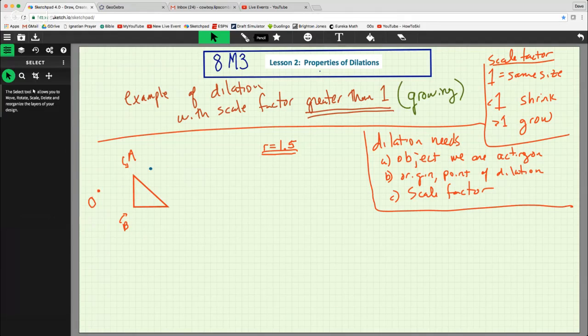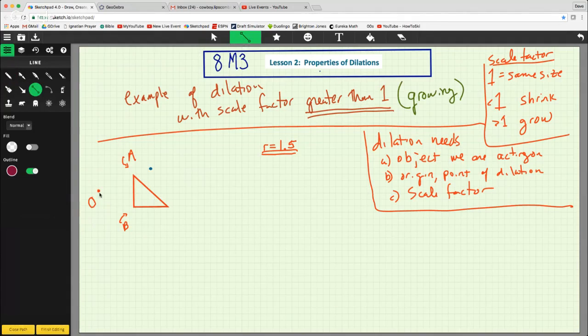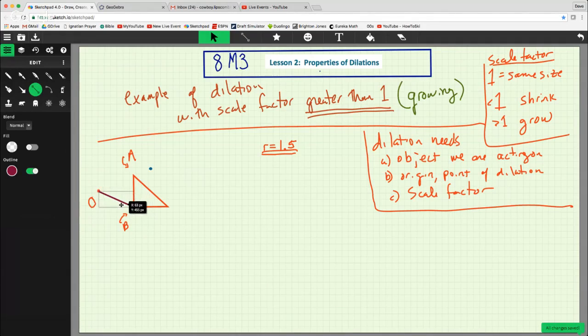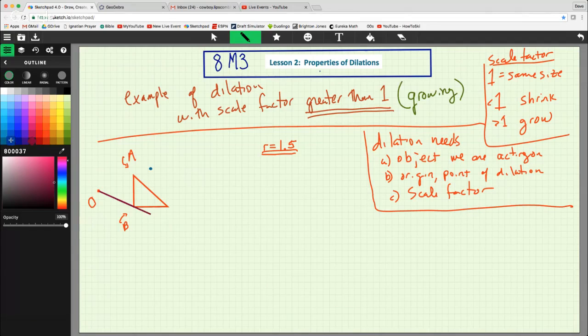So now let's make this point here. We're going to make this 1.5 times longer. Leave it there. And we're going to draw our new point here.